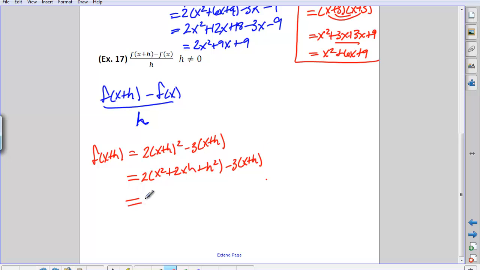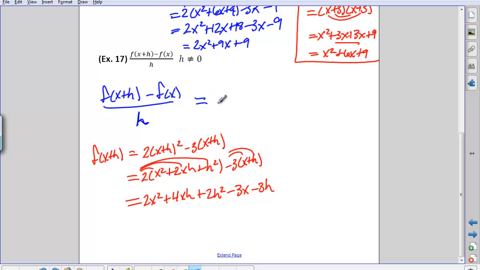And then distribute all this goodness on both of these. So 2x squared plus 4xh plus 2h squared, and then minus 3x minus 3h. And you want there to be like terms, but sure enough, there's not any. Okay, so that's f of x plus h.